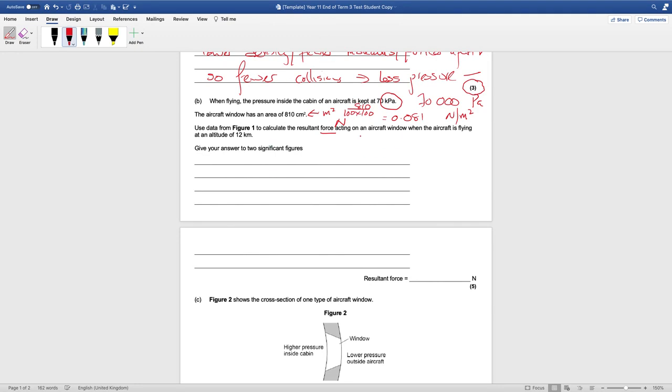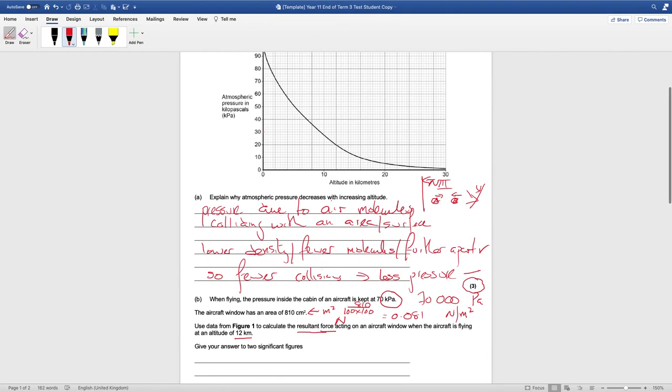So we have the pressure inside the cabin at 70 kilopascals. We're asked to work out the resultant force, the overall effect of all the forces, and that's at 12 kilometers. If we look at our graph and we come to 12 kilometers, well, 12, 14, 16, 18, 20, there's 12. So that's the pressure in kilopascals.